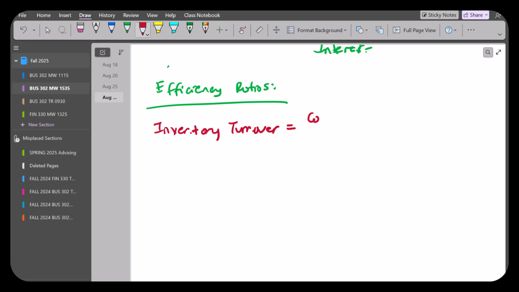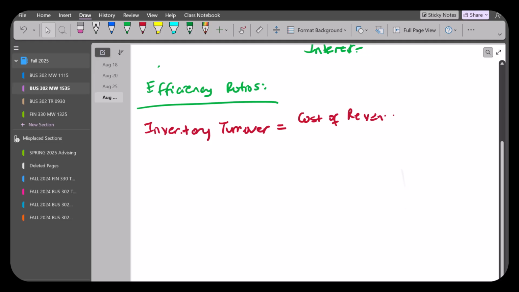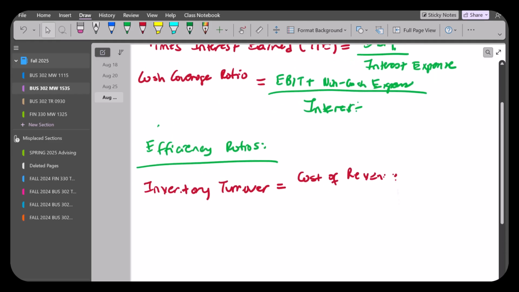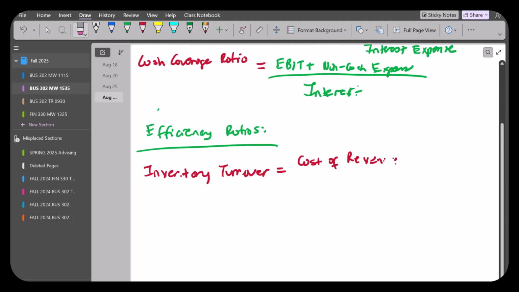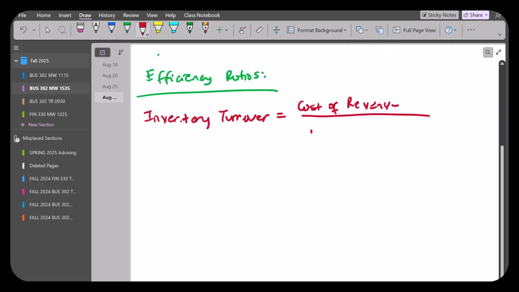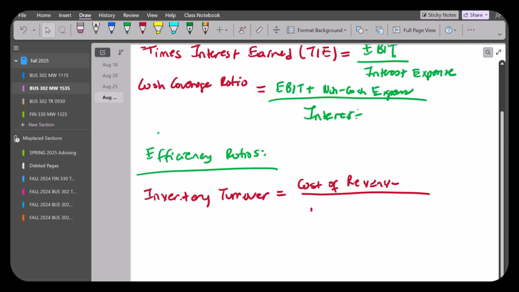This is cost of goods sold or cost of revenue divided by inventory.